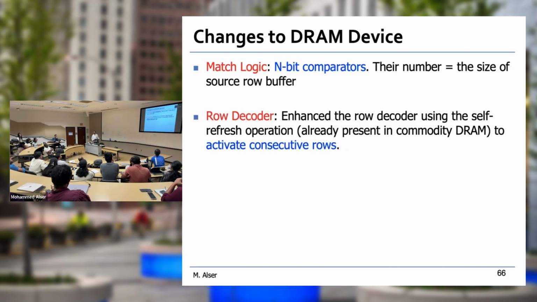The second change is the row decoder itself. We need to let the row decoder know that the entire subarray is related to each other. Every time we have to do row sweeping, we go from the first row and sweep over all of them.